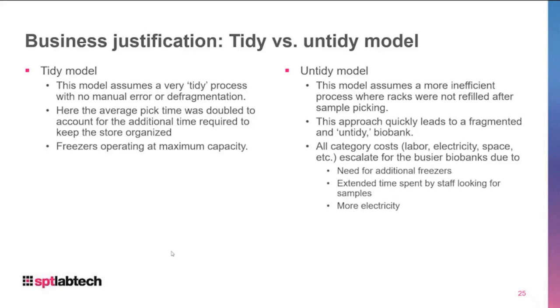This has some real negative effects on growth, because as you add more freezers, because you're hitting capacity much faster, you add more labor cost, electricity cost, and space costs. The labor, because someone's having to go to more places to look for samples as opposed to a tighter capacity setup.